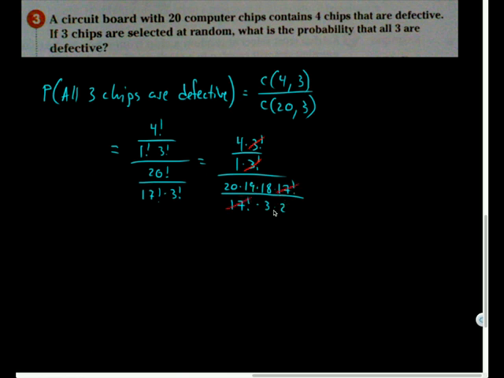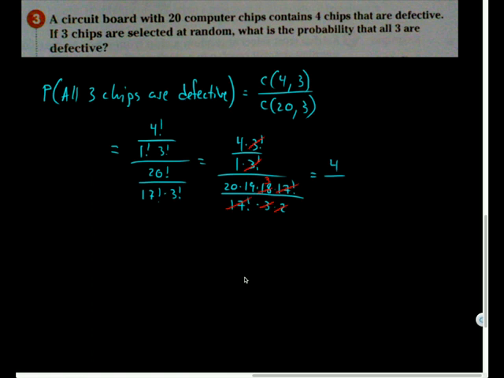Let's see. 2 goes into 20 10 times, and 3... Oh, perfect. I guess I could have canceled it out this way. Lots of ways I could do it. 3 and 2 is 6, and 6 goes into 18 3 times. So let's see what we end up getting. My numerator is 4 over 1, or just 4. My denominator is 20 times 19 times 3.